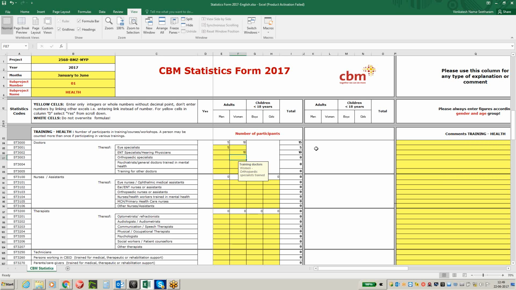It makes sense, but it's more figures that the partner would have to count and enter here. And we still don't have an official way that CBM tells partners how to count persons with disability as such.